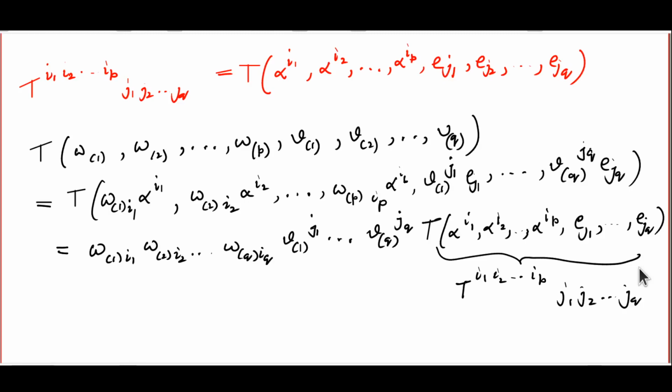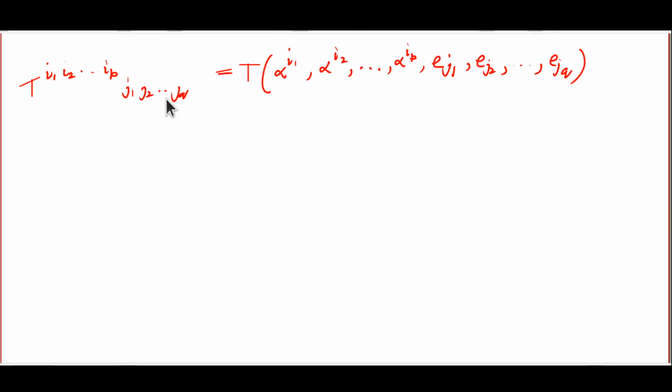The next question then would be to figure out how these components transform under a coordinate transformation. For this, all we have to do is remember that under a coordinate transformation, the basis vectors for the vector space transform according to the rule SJK-EK, whereas for the covector basis elements, the transformation rule goes alpha I goes over to Sij alpha j.